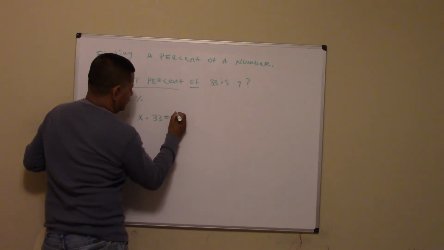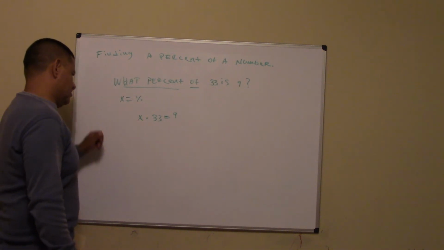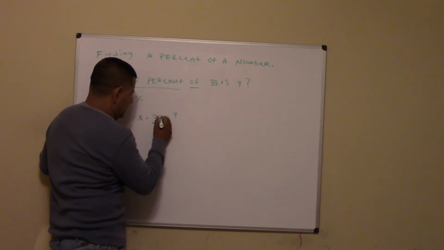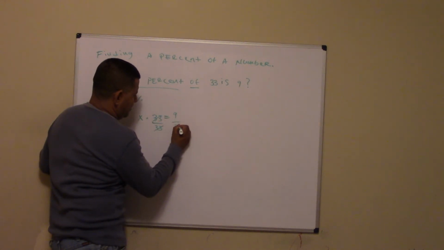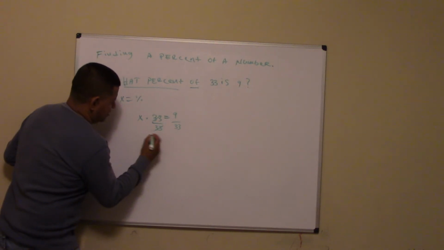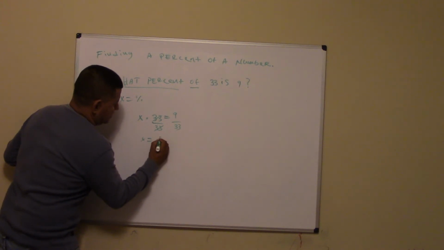Now, look at this. When I divide both sides by 33, I get that x is equal to 9 over 33.